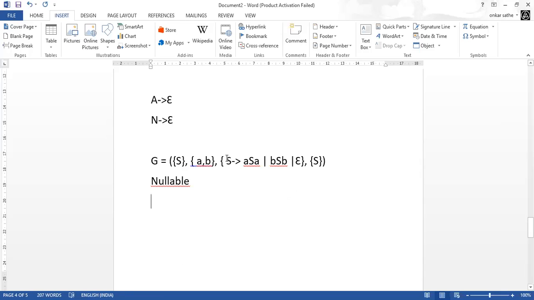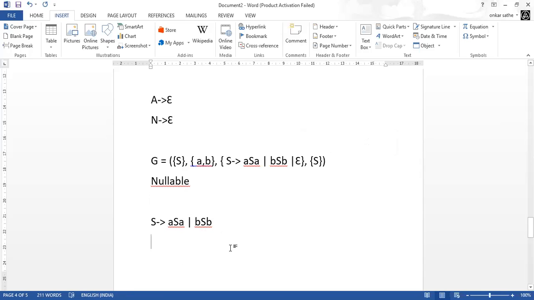As there is a production S gives epsilon, S is called a nullable non-terminal. Then second step, we have to remove the nullable production from the grammar. So after removing S gives epsilon, the resultant grammar will be S gives ASA and S gives BSB.